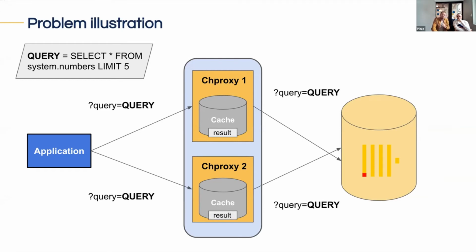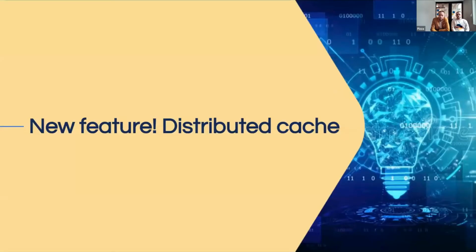So we delved into Chproxy to see if we could improve the solution for this use case. And we decided to change the mechanism of caching and enrich it with extra functionality. And that's how we created the distributed cache in Chproxy.